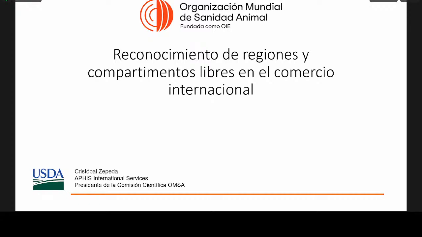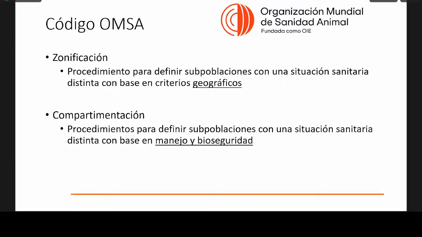And the topic I would like to address are the requirements for terrestrial animals in relation to zoning and compartmentalization. We are going to start by defining what these concepts are.